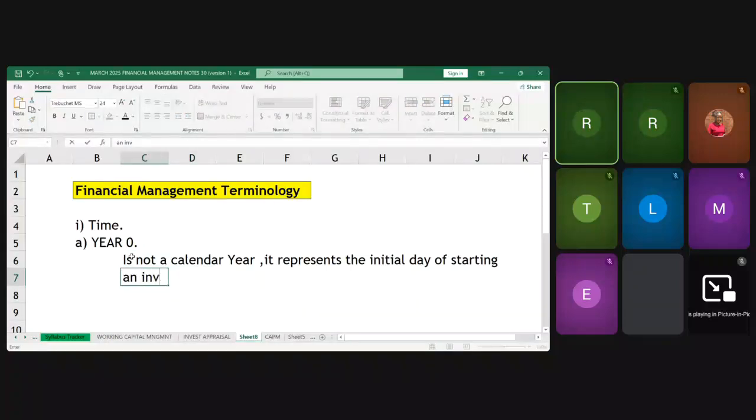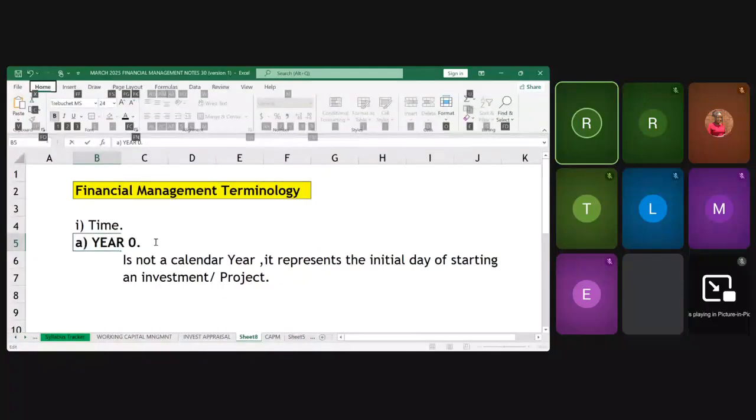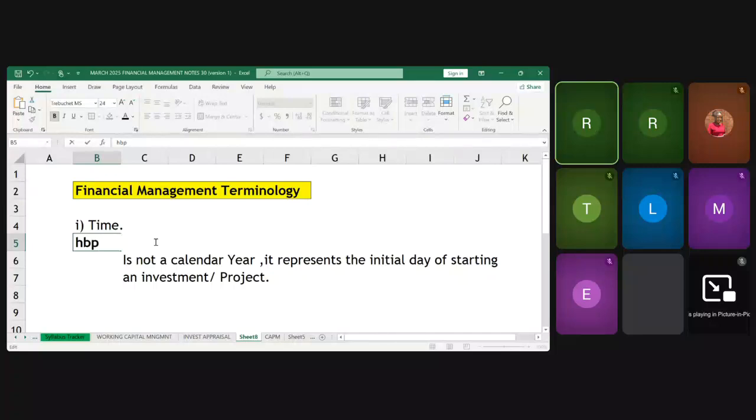So the initial day of us starting our investment or the project that we want to undertake is called year zero. Hopefully, this is understandable. All right, that is year zero.